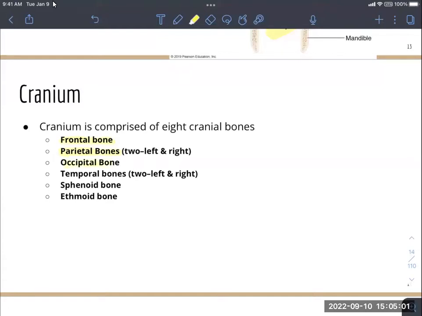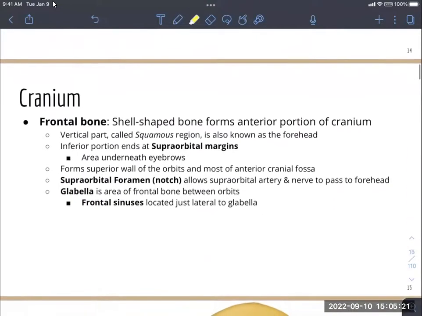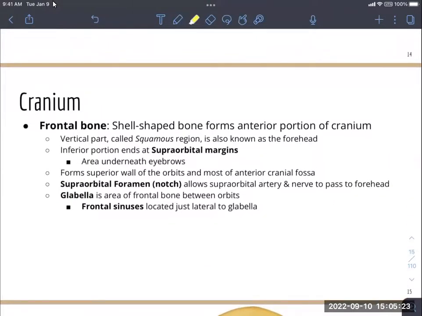You have an occipital bone in the back of your head. Temporal bones are down closer to your ears. The sphenoid bone and the ethmoid bone are inside of the cranium. So let's talk about each of those bones.